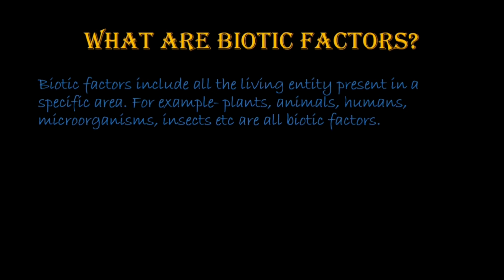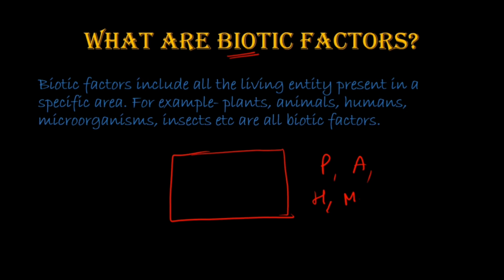Now, biotic factors are those living organisms which are present in any specific area. For example, in this region, plants, animals, humans, microbes or microorganisms, insects, all of these are the biotic factors. Whether they are the minutest or they are the large organisms, but all of them are termed as biotic factors.